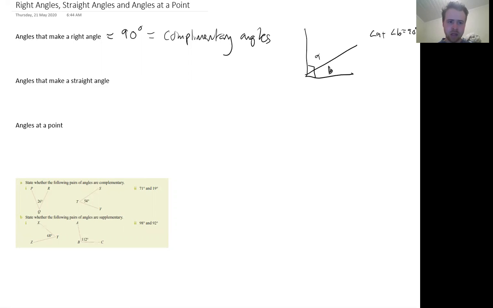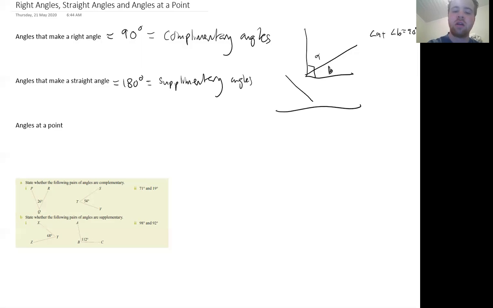Now angles that make up a straight line, that add up to 180 degrees, we call supplementary. They're called supplementary angles. As an example, if we have a straight line and you've got two angles here, in this case angle A plus angle B will equal 180 degrees.